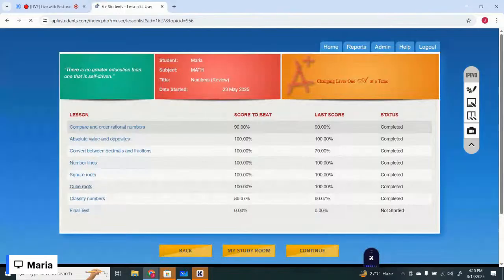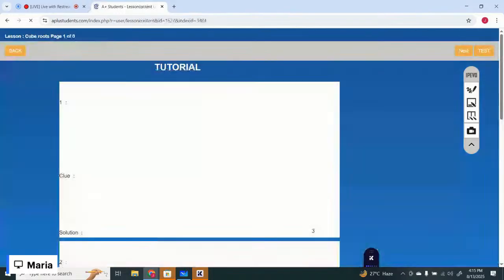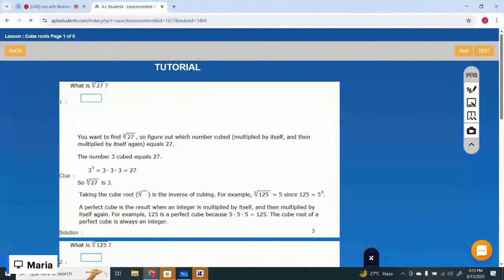The next lesson is cube roots. Let's just start with the lesson. What is the cube root of 27?